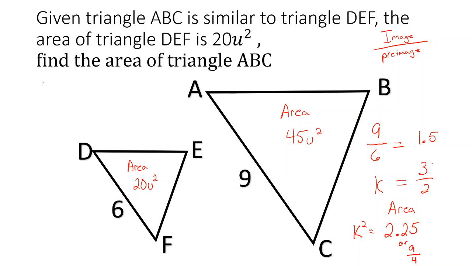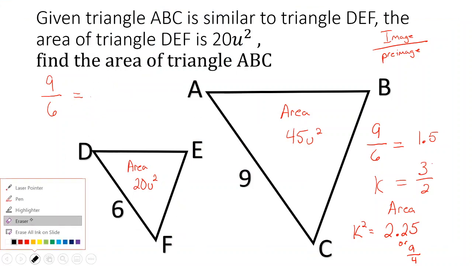So if we took our original proportion, which we saw was 9 over 6, and we were going to proportionally solve that for area, excuse me, I did it upside down.